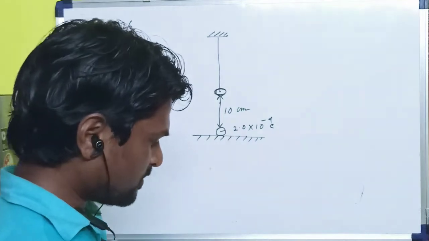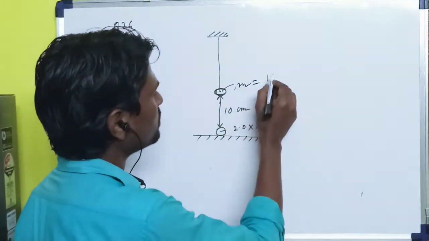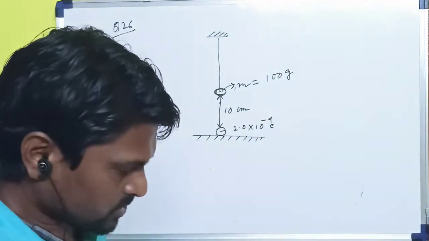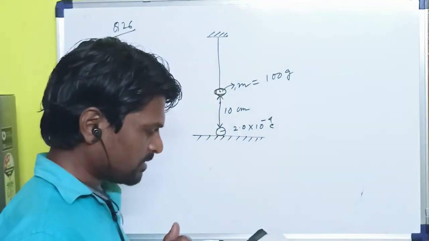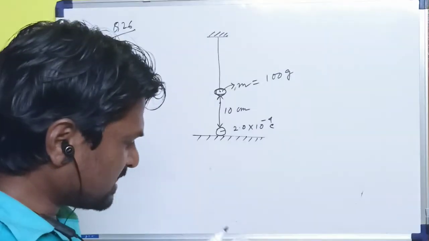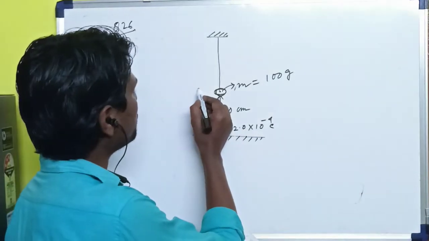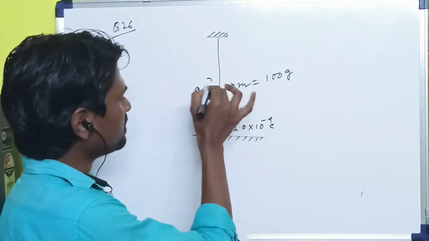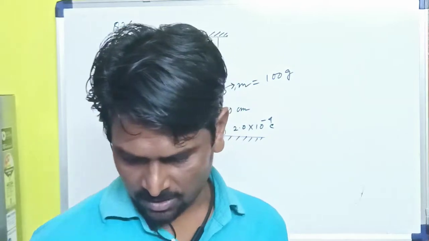The mass of the bob is 100 gram, M equals 100 gram. What charge should be given to the bob so that the string becomes loose? You have to calculate the value of the charge given on the bob so that the string will loosen.